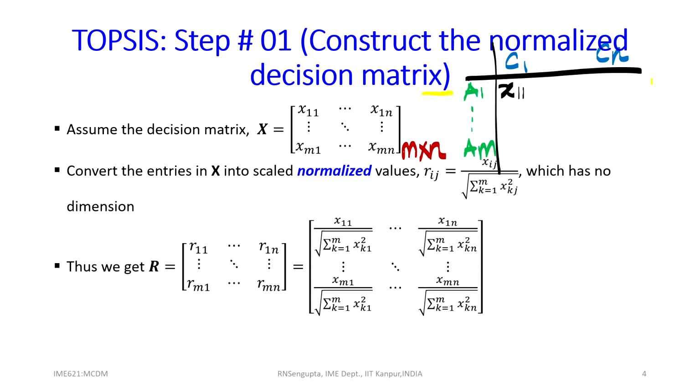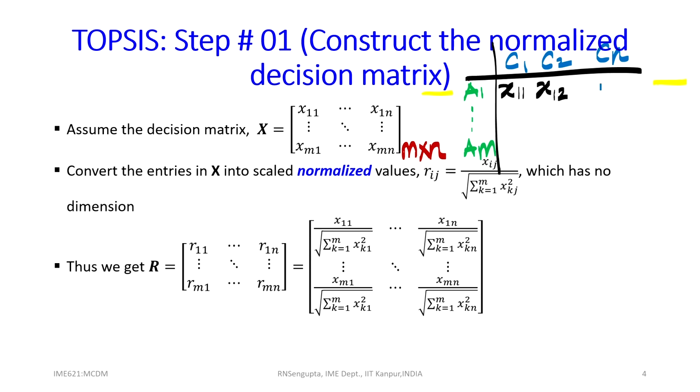The first one is x11, which is the overall weightage or the points for criterion 1 of the first alternative. Similarly, on the same row, the second value will be x12, because this is 2. This is the overall weightage for the second criterion on alternative 1.